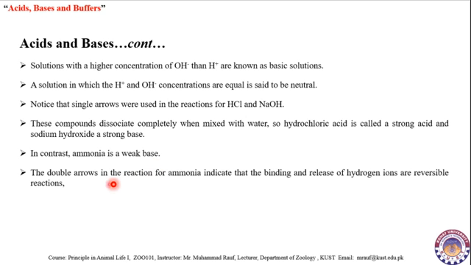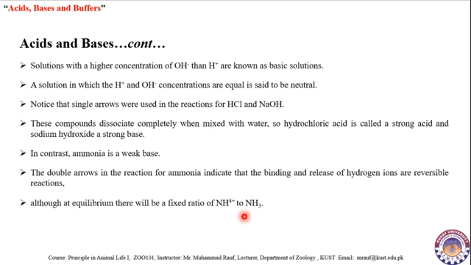The double arrows in the reaction for ammonia indicate that the binding and release of hydrogen ions are reversible reactions. The equilibrium can shift in either direction. Although at equilibrium there will be a fixed ratio of ammonium ion to ammonia when a dynamic equilibrium is established.